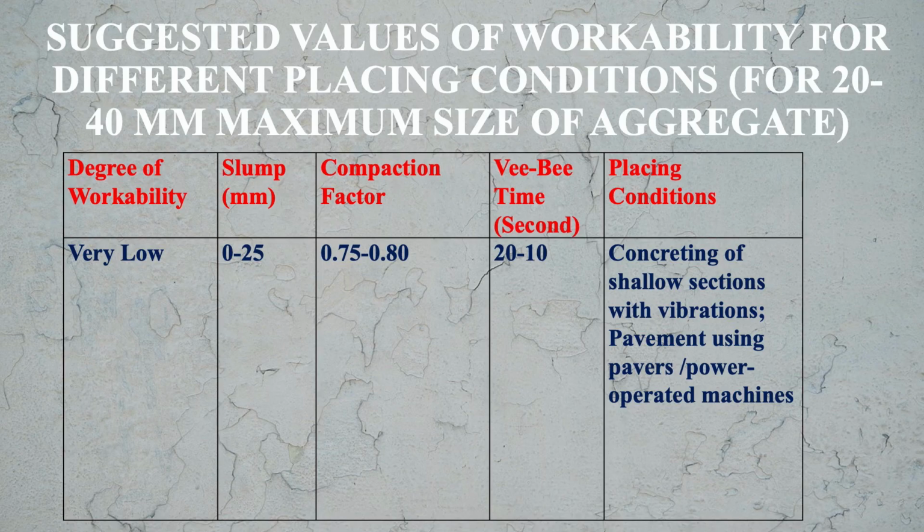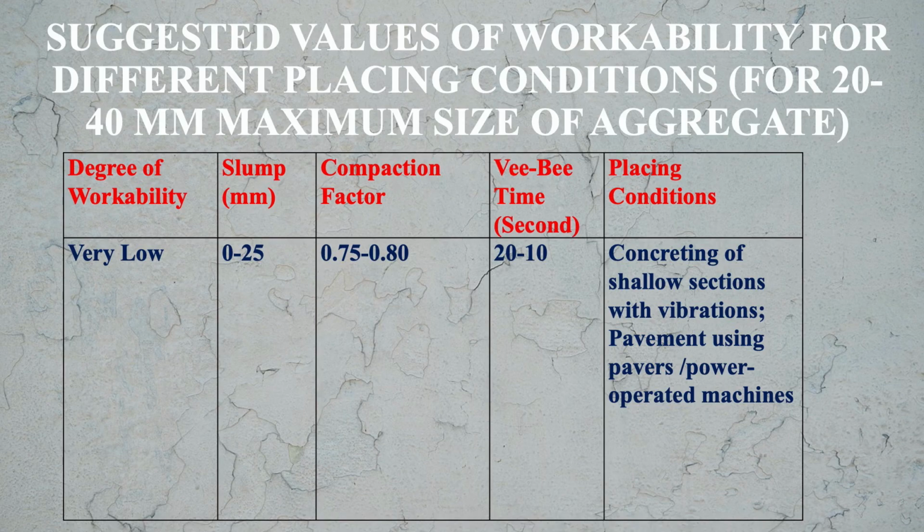Let us see. Here you see different columns. The first column gives you the degree of workability. The second column gives you the slump in mm, that is, for such degree of workability, the approximate value of the slump. The third column gives the compaction factor value, which is obtained from the compaction factor test.